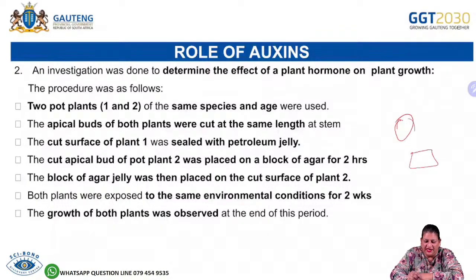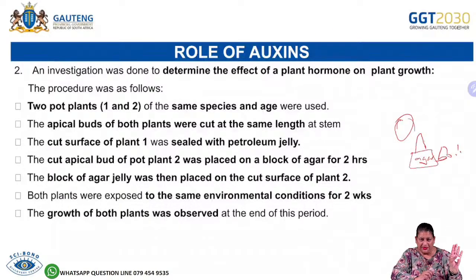A small piece of jelly, and you put the stem tip on there. Here is your agar block. Right. Now, here's your agar. So what happened is, now remember, the stem is cut. Now you took the cut tip, placed it on agar. In jelly, auxins can diffuse. So auxins can diffuse into jelly, not into Vaseline.